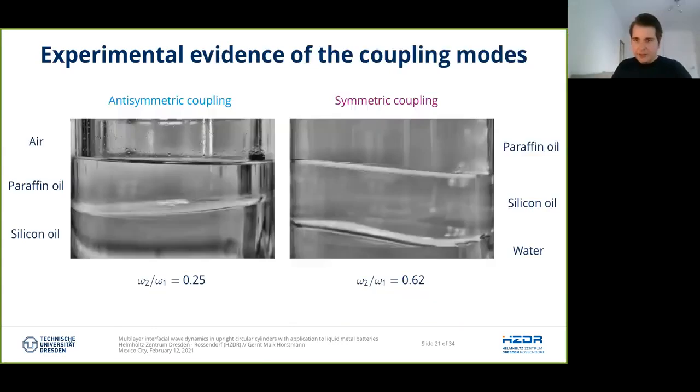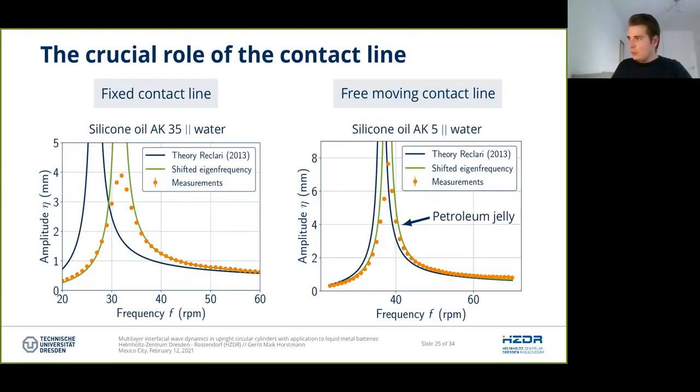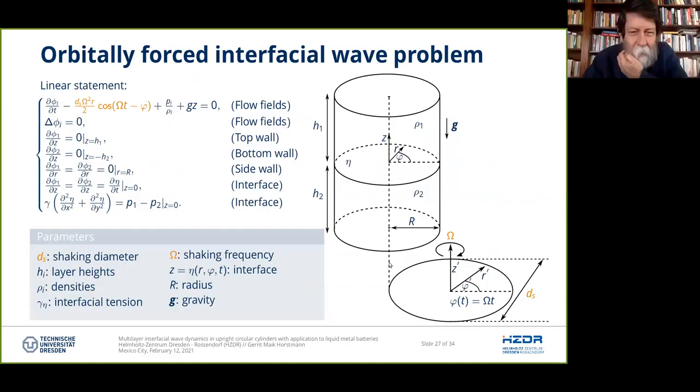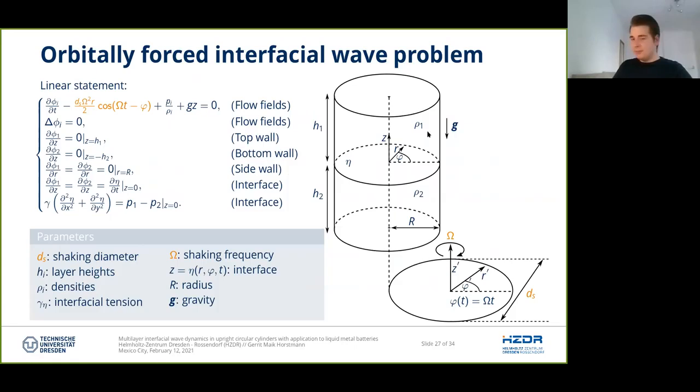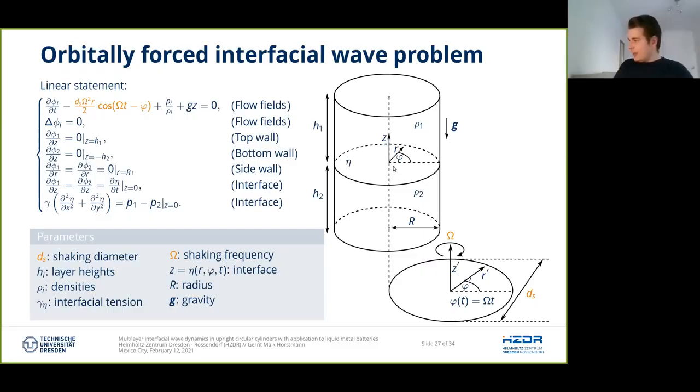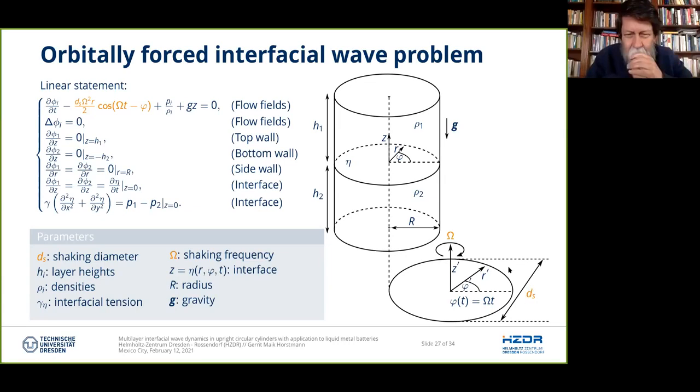Maybe I have a picture. Let me see. Was it for the theory? Yeah, it should be like this. This part here. The cylinder is following the circle, but no self-rotation here. But the distance between the two axes is very small compared with the radius or the diameter of the container. Exactly. This is the distance ds here, and this is, of course, proportional to the forcing.